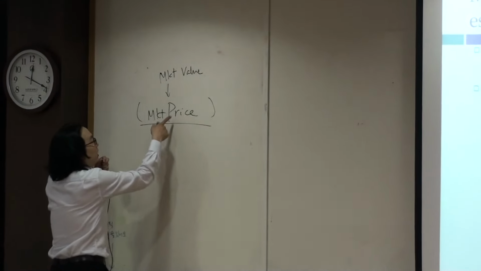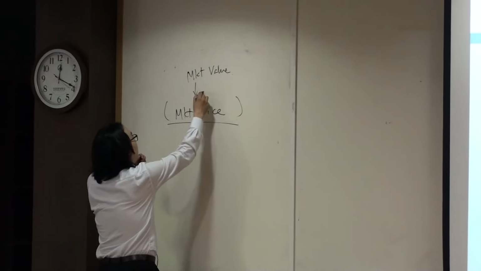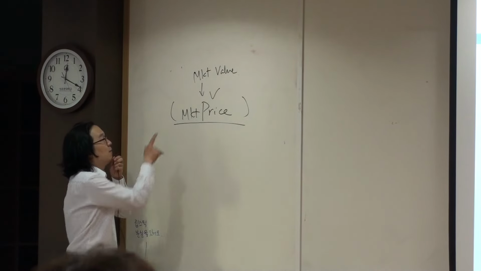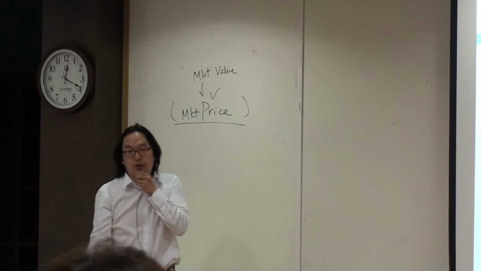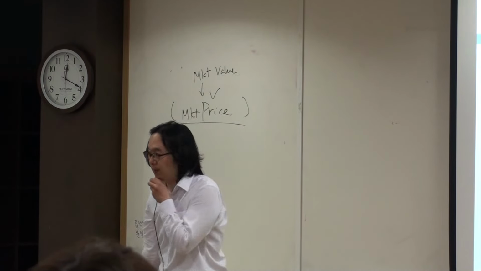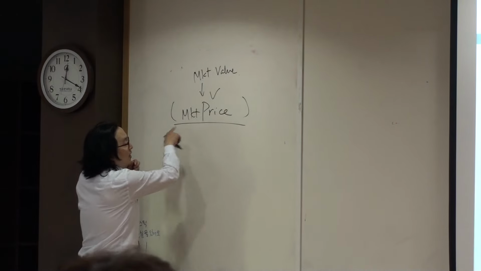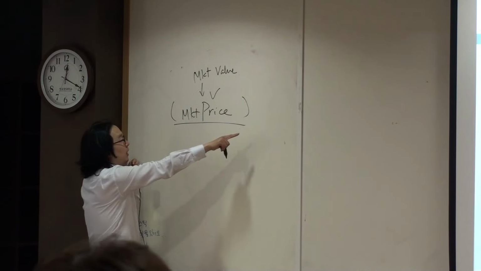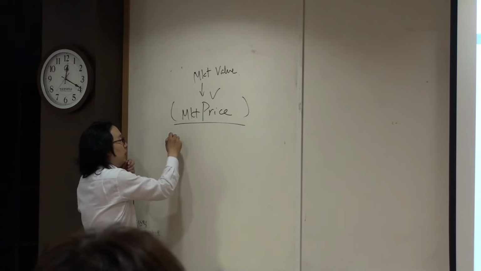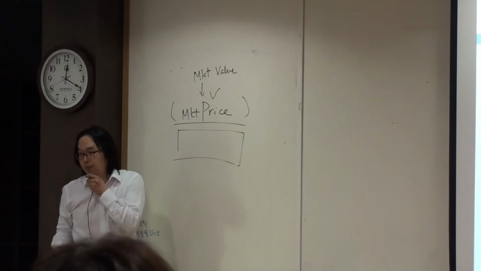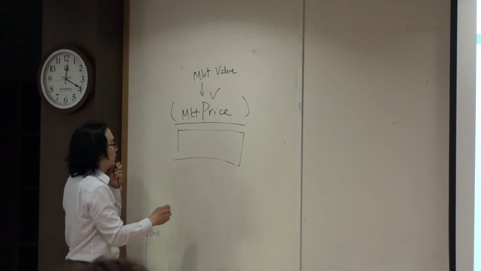It could be called either price or some value, does not matter, something that you observe in the market. Then we standardize or divide this by some accounting-related variables.